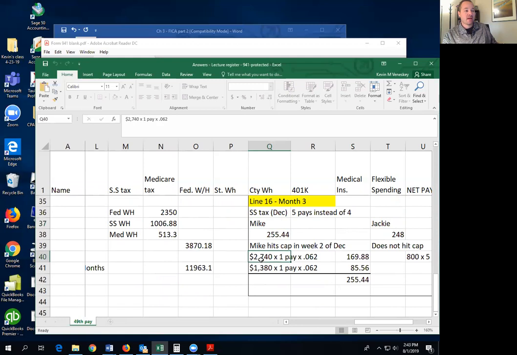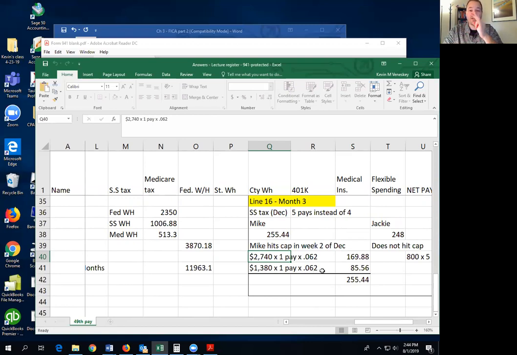So Mike, I know that in pay number 48, because if you count them out, 40, 41, 42, and 43, that's October. 44, 45, 46, and 47, that's November. 48 was our last week pay, and Mike hadn't hit the cap yet. So in week 48, pay 1, he's taxed on the full amount, the full $27.40. Pay 2, week 49, he's only taxed on the amount that we figured up in the register at 6.2%.